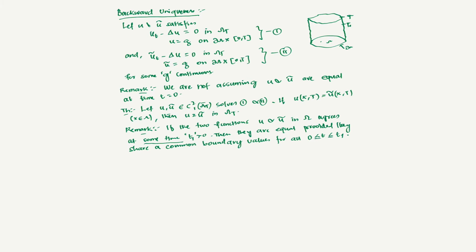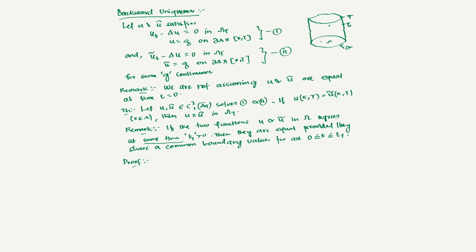So you have to have the function equal for some t, and on the boundary it has to be equal for all t below this capital T1, then the functions are the same. So let's look at the proof of this.